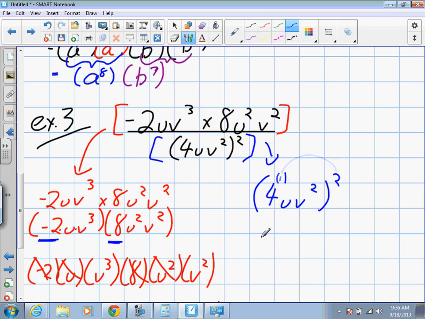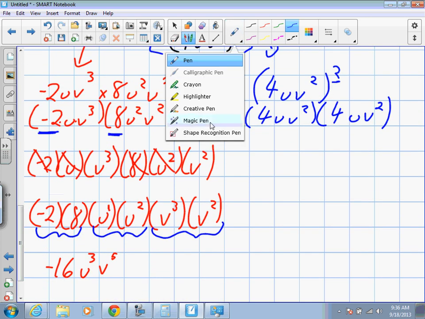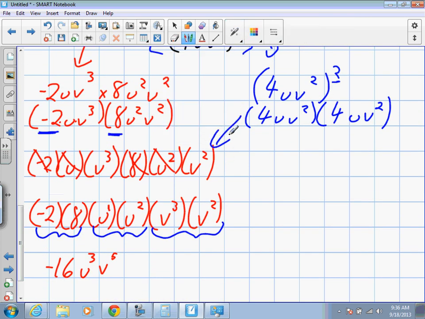4uv squared, 4uv squared. We know that a power just means repeating the base. Now, instead of rewriting it out this way and reorganizing it, I'm going to try to work from here, because I think I've become a little stronger with this. I'm just going to multiply the values that go by each other. So what is 4 by 4? 16. That's right, so that's our 16.